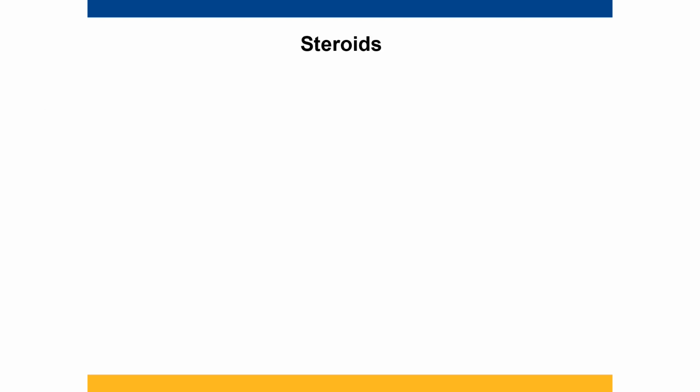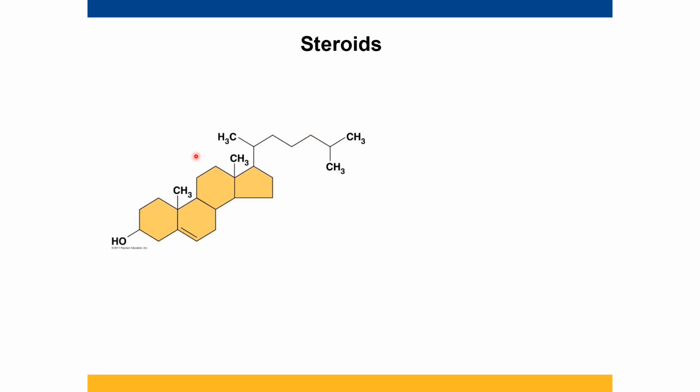Now we're going to talk about another type of lipid called steroids. And here you can see the structure of a steroid. If you remember the carbohydrates, we generally had a building block united by another building block, united by another building block.